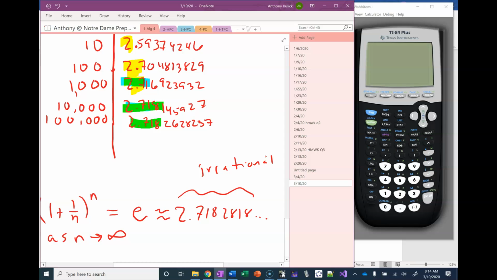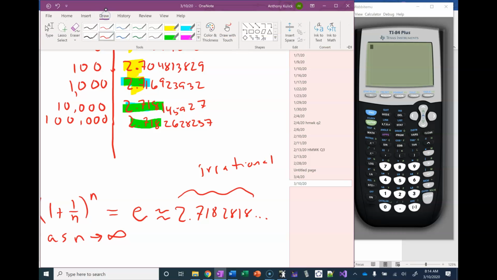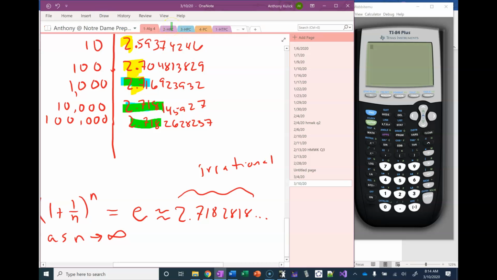And just like for the number pi, we give it a special name because we don't want to write down all the decimal places for it. Everybody okay with that idea? We chose to give this number the name e because of the mathematician that first did this work.